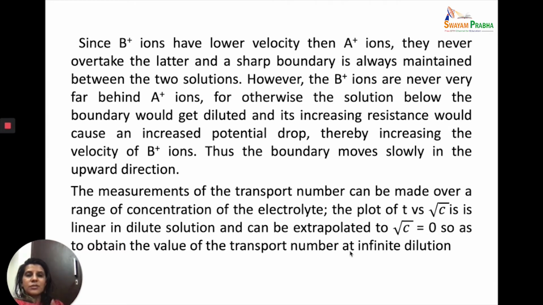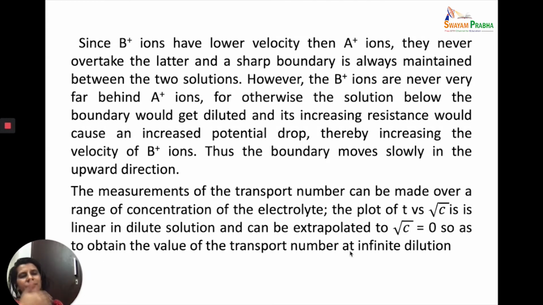Now just to revise what we have done, I want to find out the transport number of, let's say, H plus in HCl. What do I do? I take an indicator electrolyte which has the following three conditions. One, it has a common anion with HCl. Second, its cation moves slower as compared to H plus.